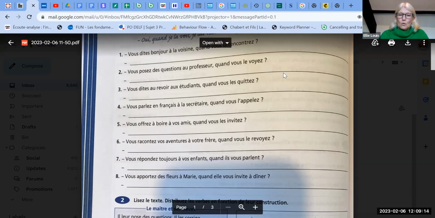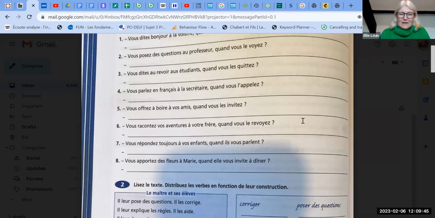So, oui, quand je le vois, which is the same. We've already been given that in the question. Je lui pose des questions. Yeah, because it was poser des questions au professeur. So there was an à in there. Excellent. Doing well with this, I hope.